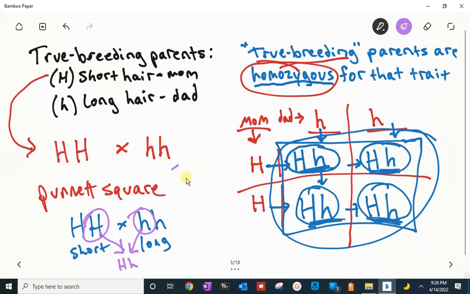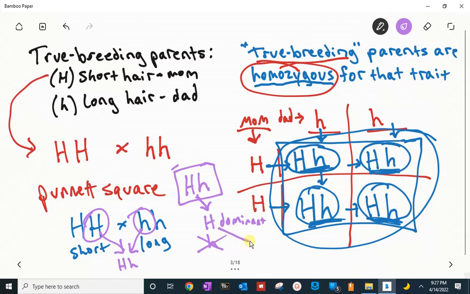So if the baby has a capital H and a lowercase h as the genotype, then what is the baby's phenotype going to be? The phenotype is how it actually shows up in their body. Well, the baby kitten has a capital H and a lowercase h. This capital H is dominant, so that means the lowercase h is silenced.